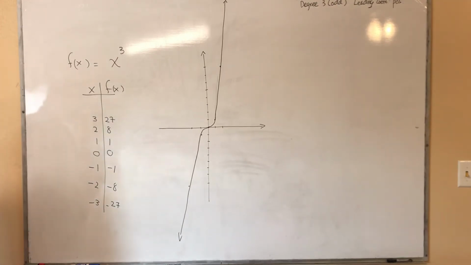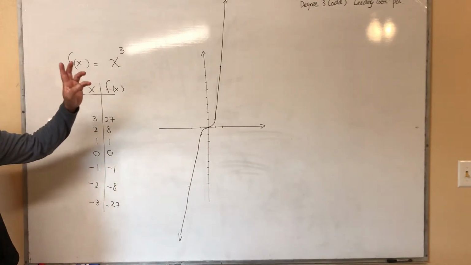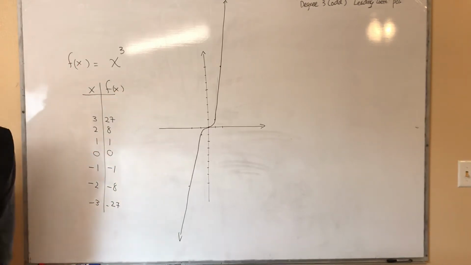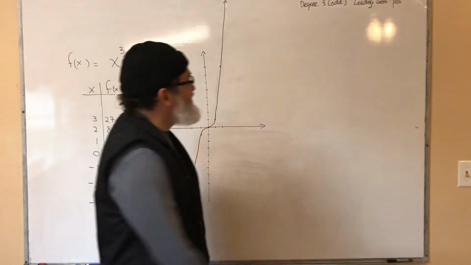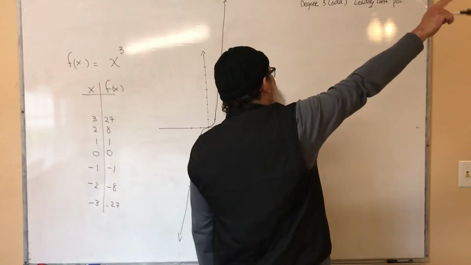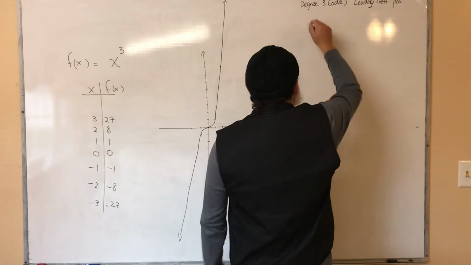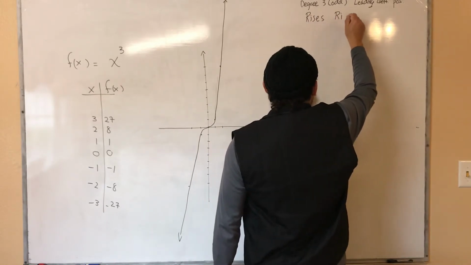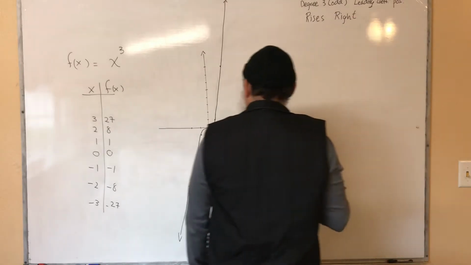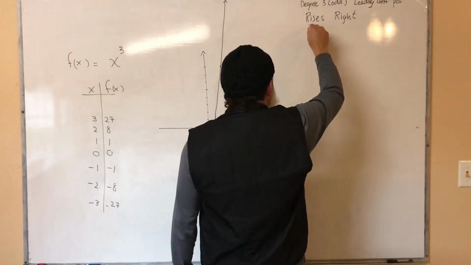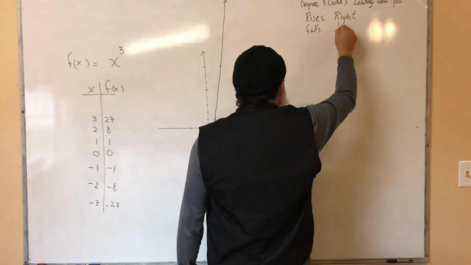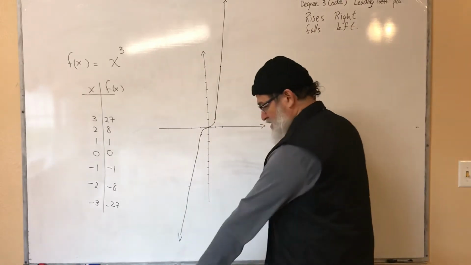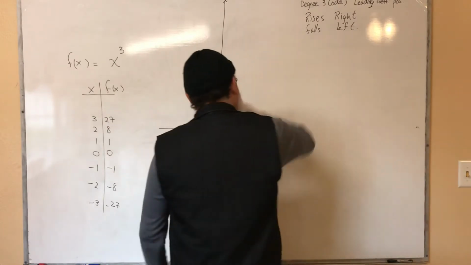Okay. Degree odd, leading coefficient positive. What's the behavior? Rises to the right, falls to the left. Falls to the left, rises to the right.